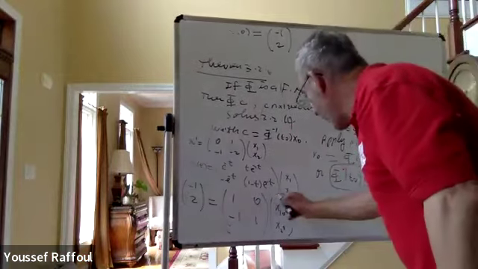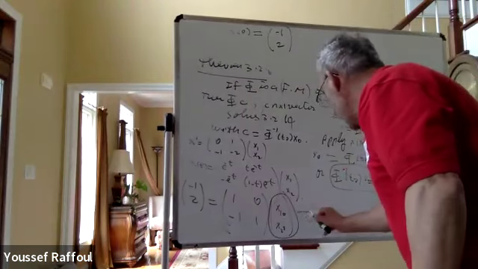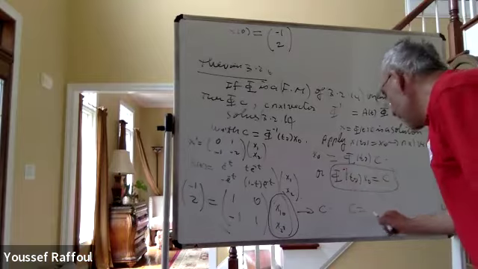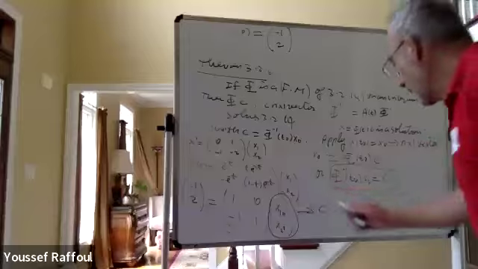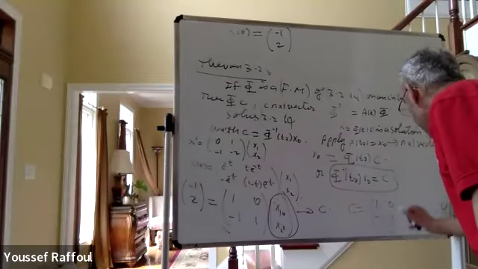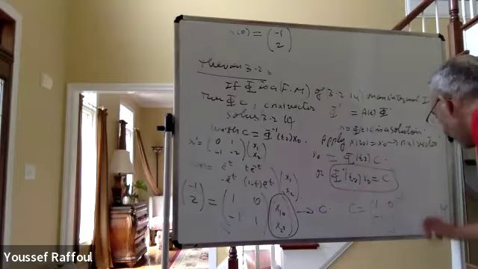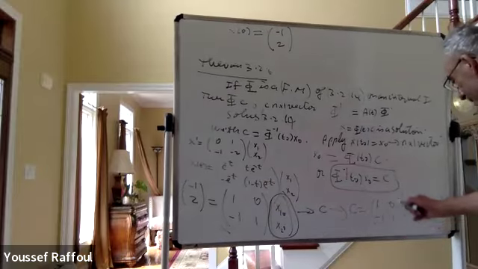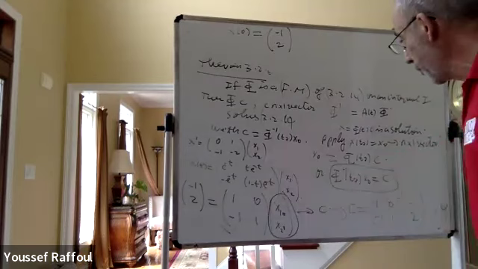So you may call this your C. So C is the inverse of the matrix 1, 0, minus 1, 1 times minus 1 and 2. So you need to find the inverse of this matrix times minus 1, 2.